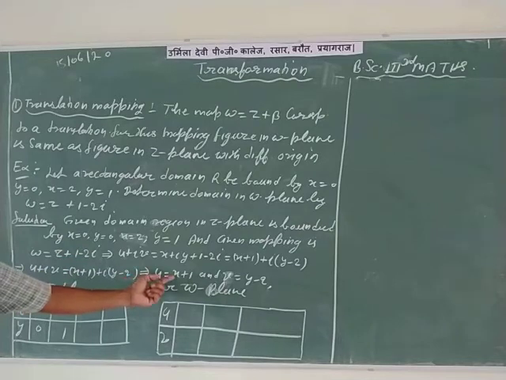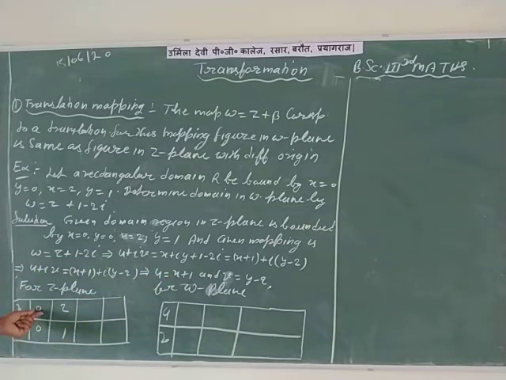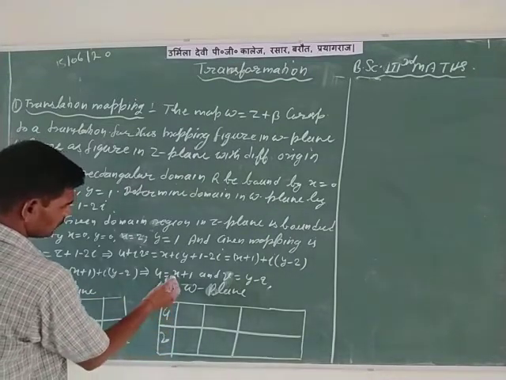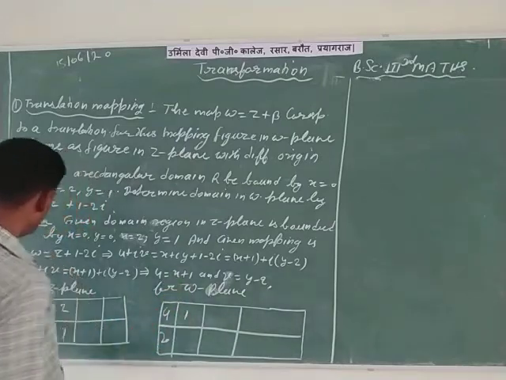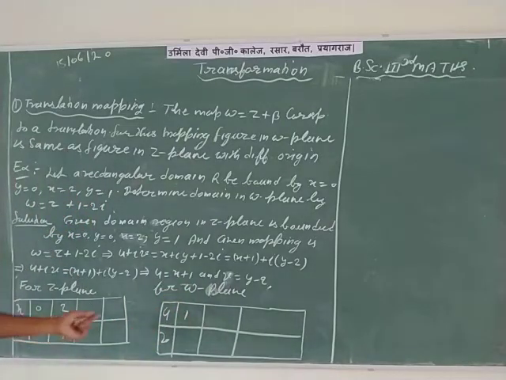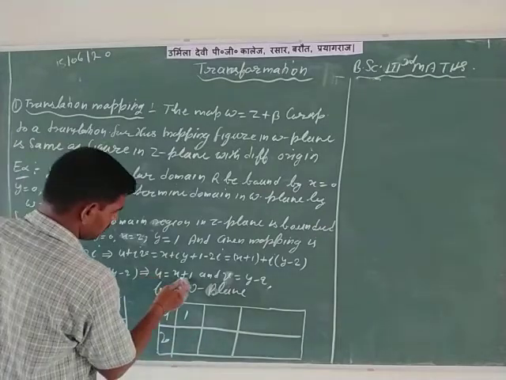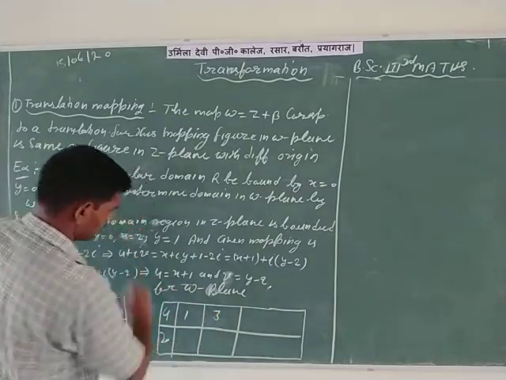When x is equal to 0, putting x is equal to 0, u is equal to 1, and when x is equal to 2, u is equal to 2 plus 1, which is 3.